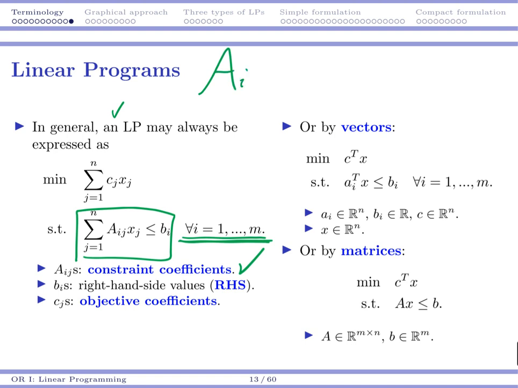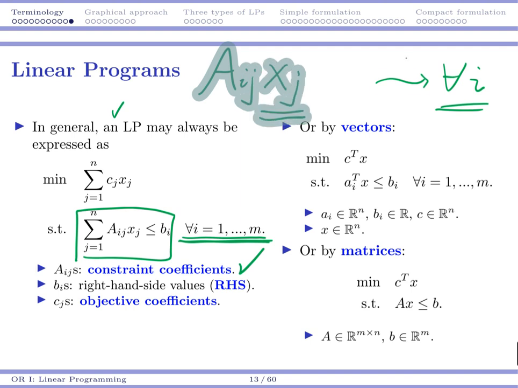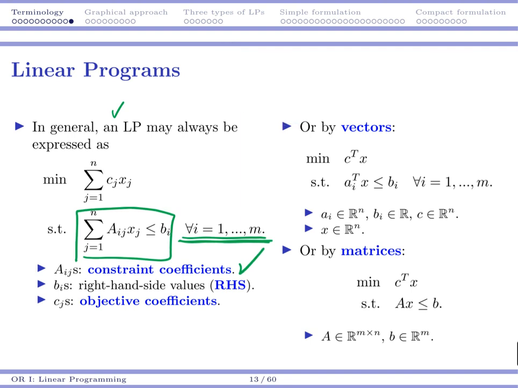So aij can be considered as the jth coefficient for constraint i, or the constraint coefficient for xj in your constraint i. So that's pretty much the meaning of aij. It's the coefficient of xj in constraint i. So lastly, your bi here is the right-hand side value for your constraint i. So this is a general way to express a linear program. We will use it from time to time.